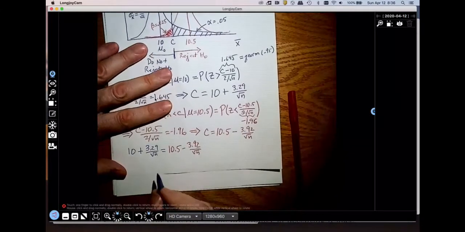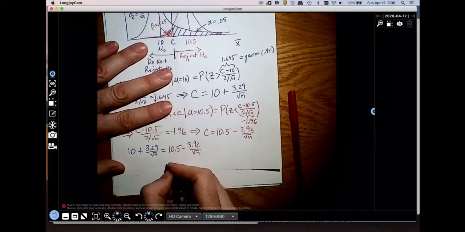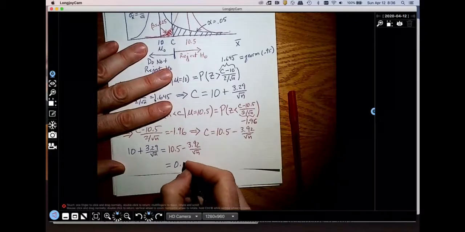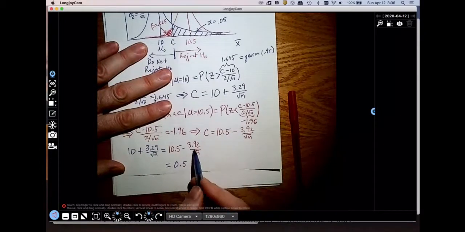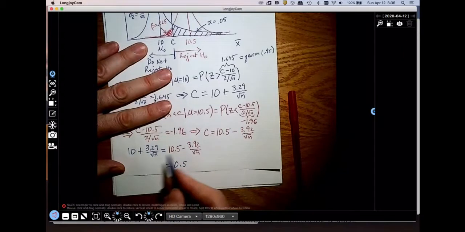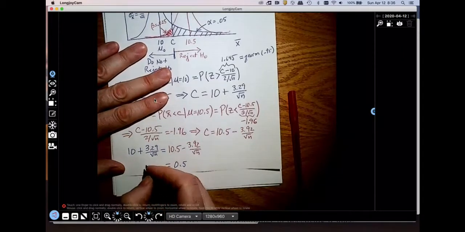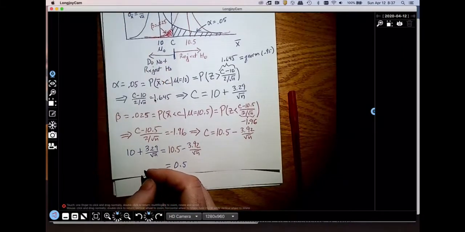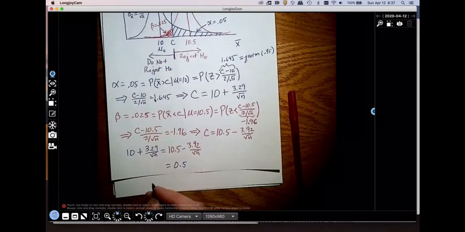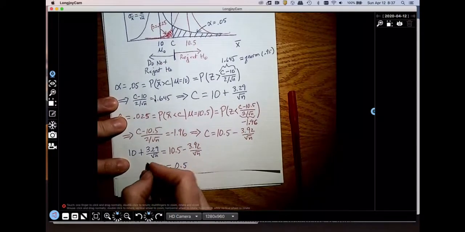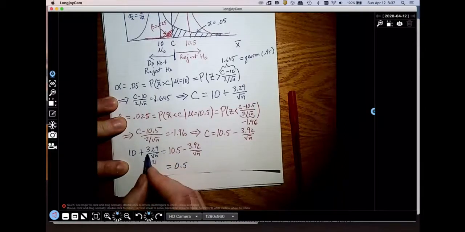So what I will now do is move the 10 over here, so we're left with 0.5. I will move this over to the other side. We have a common denominator, and we have 7.21, if I do that right. I think that's right. Divide by the square root of n.